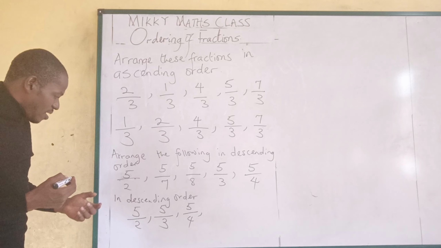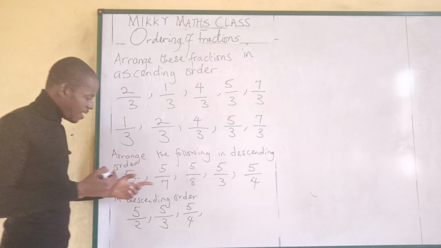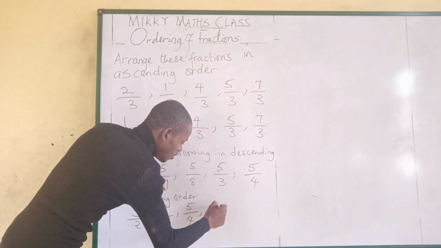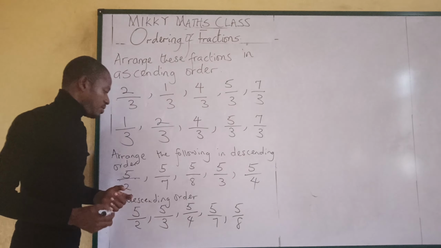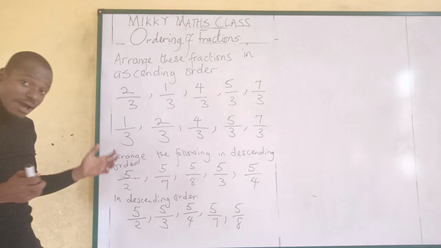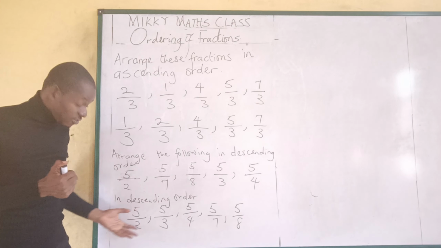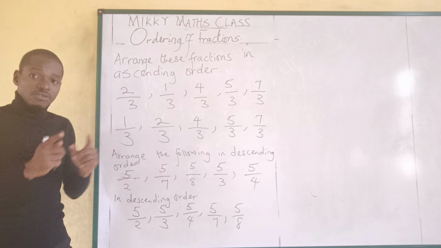So which one is smaller? 7. So 5 over 7 and 5 over 8. So you have ended up arranging these fractions in descending order.